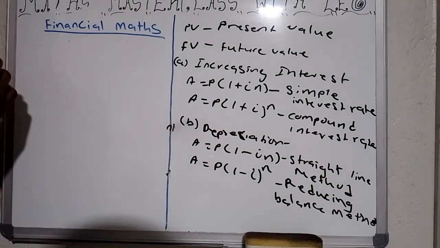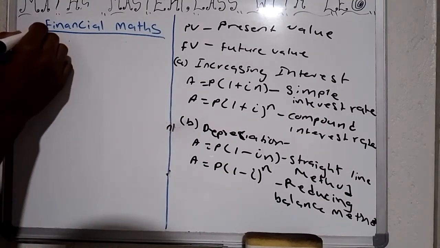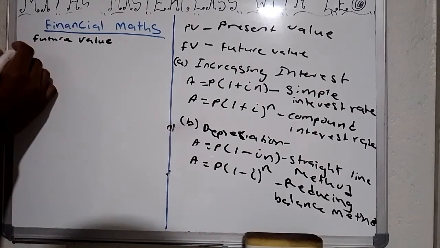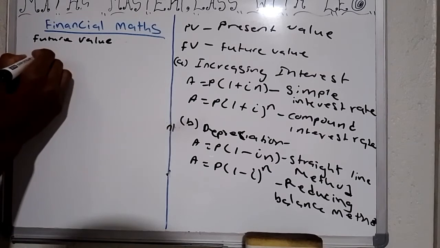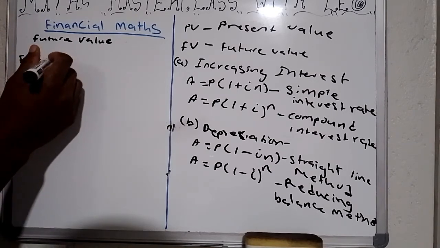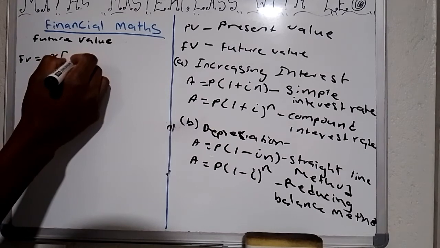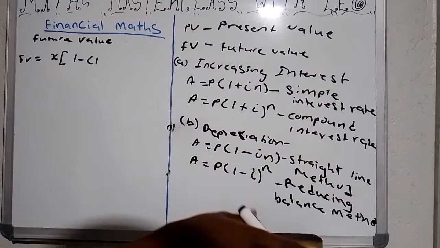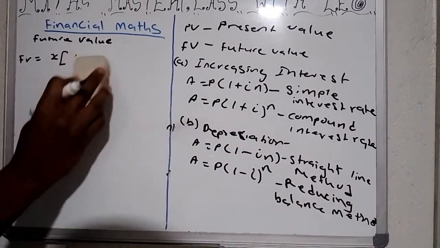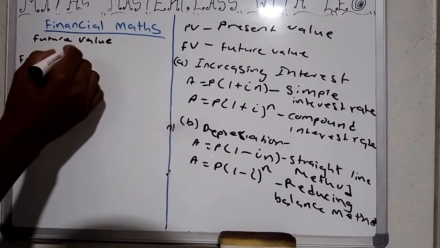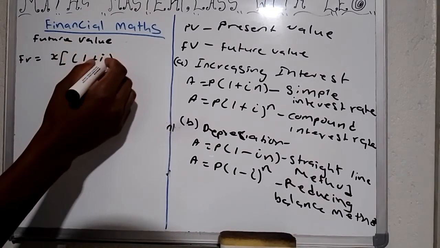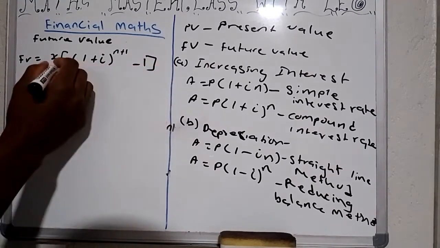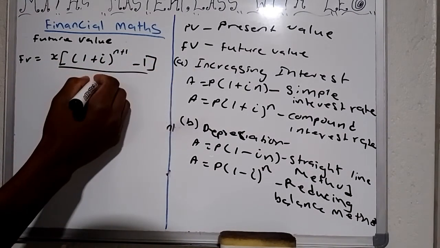We have the future value formula, which is FV is equals to X into 1 plus I to the power N plus 1 minus 1 close bracket all over I, right?